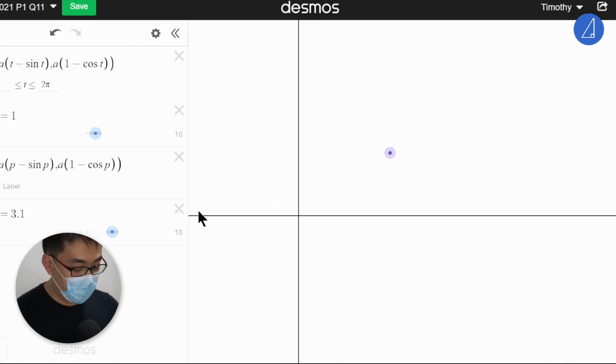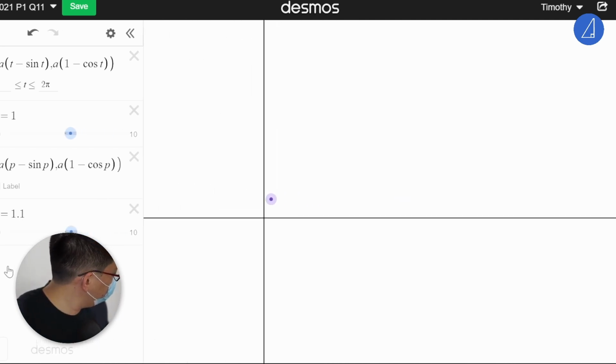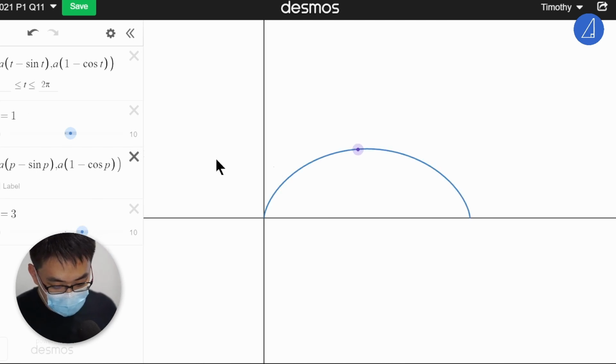Any value that we put in, we just keep iterating it. When we trace everything out, we will get the curve.